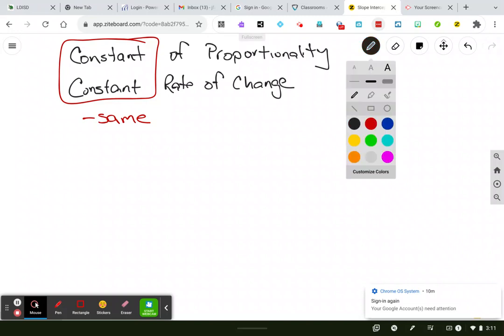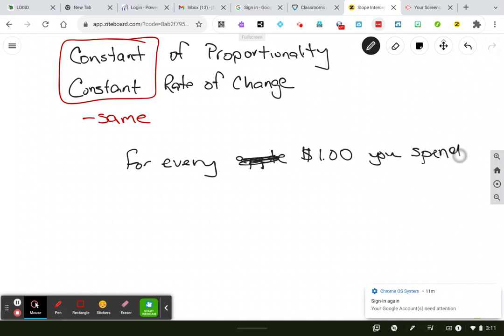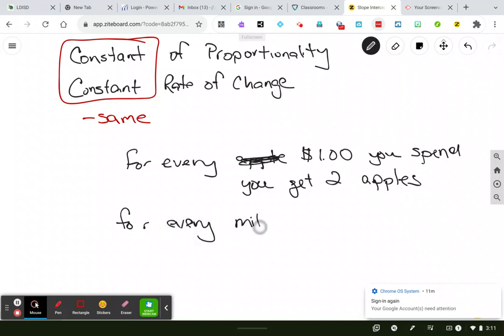The only way I can really explain this is, let's say for every dollar you spend, you get 2 apples. Or for every mile run, it equals 7 minutes.